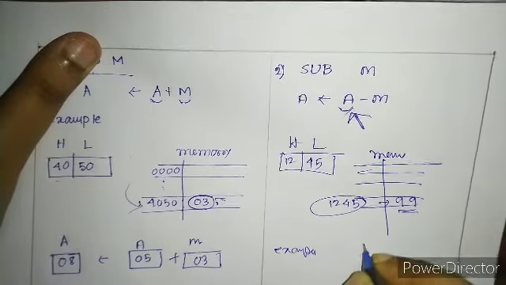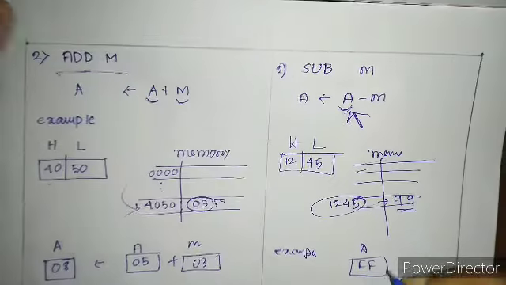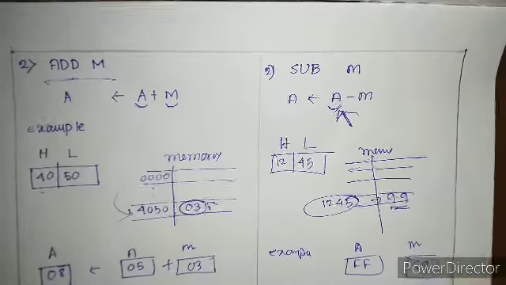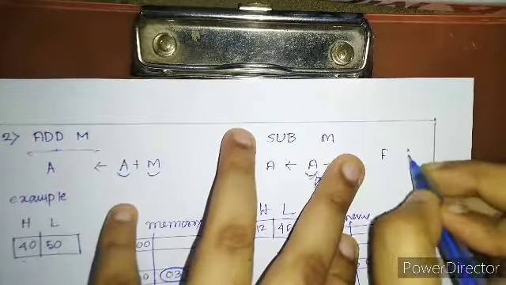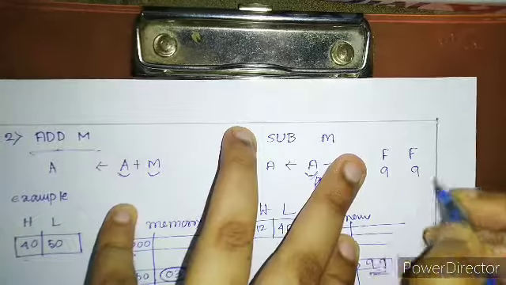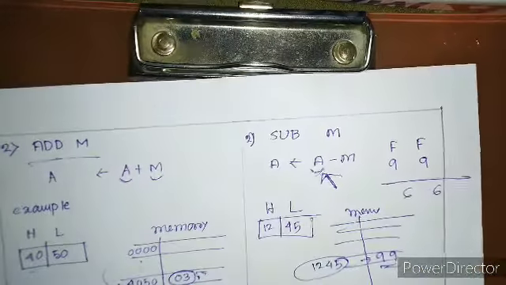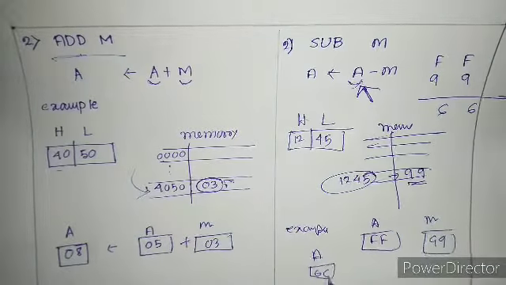Suppose in A I have taken FF and from M I get 99. So what will be the result? FF minus 99 is 66. So A will get the result 66.